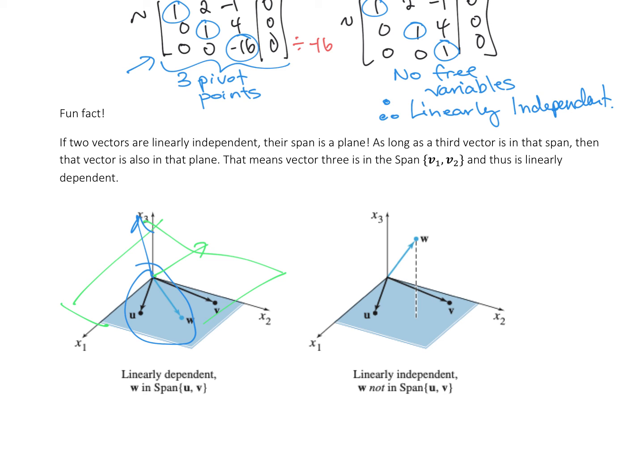So what you can see here is that if I looked at the span of U and W, it's not the same as the span of U and V, right? So W is not in that span, so it's not within those linear combinations, or in other words, U, V, and W are not all linear combinations of each other.